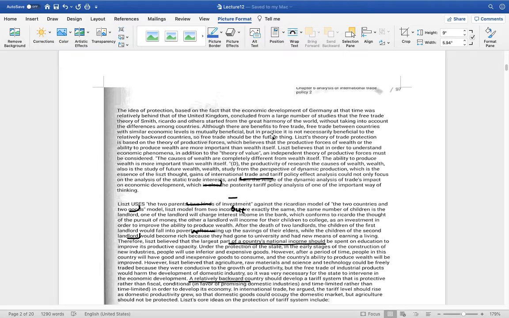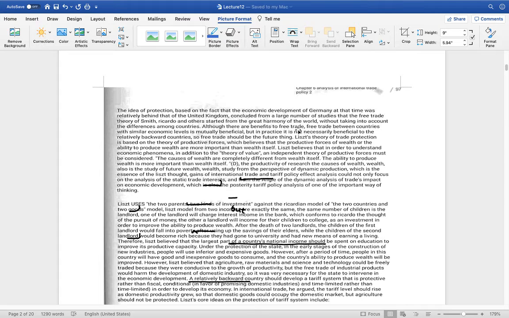Concluding from a large number of studies, the free trade theory of Smith, Ricardo, and others started from the great harmony of the world, without taking into account the differences among countries.